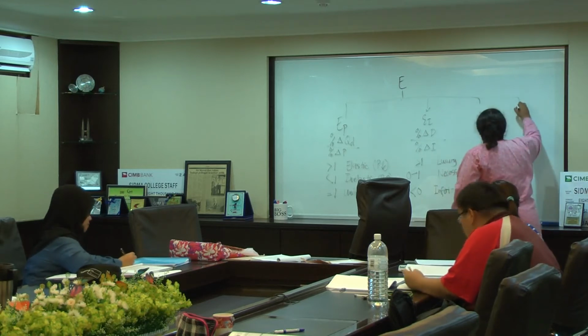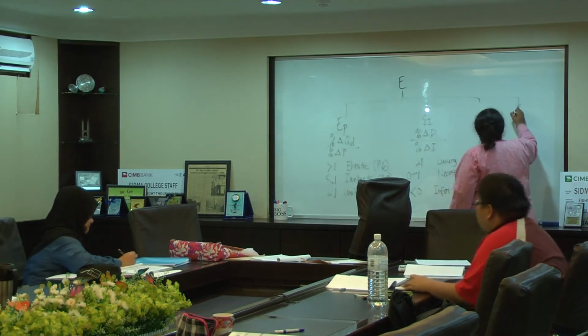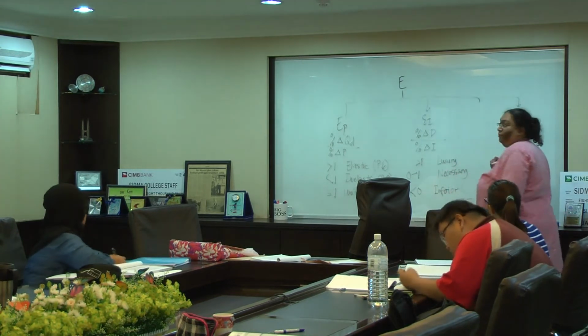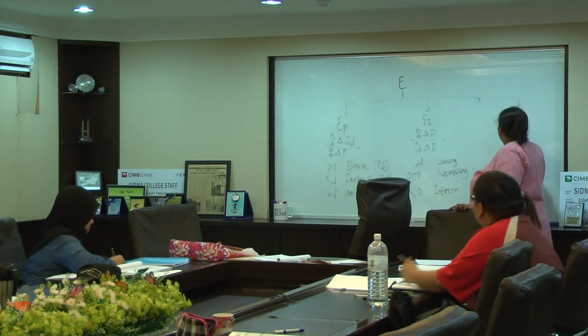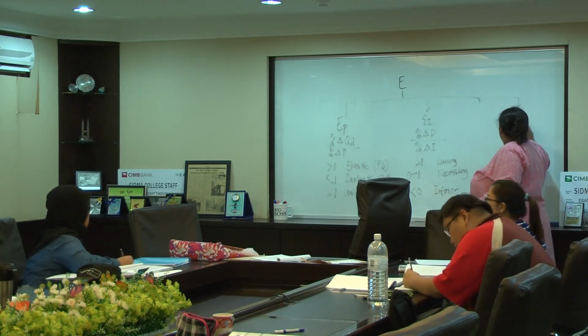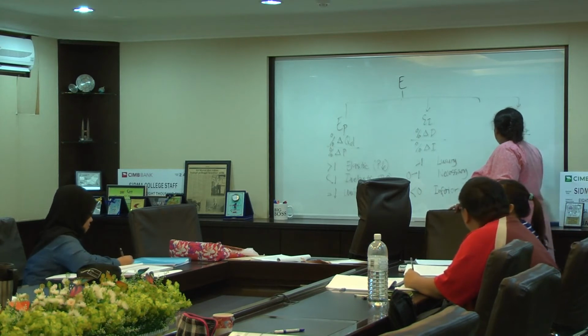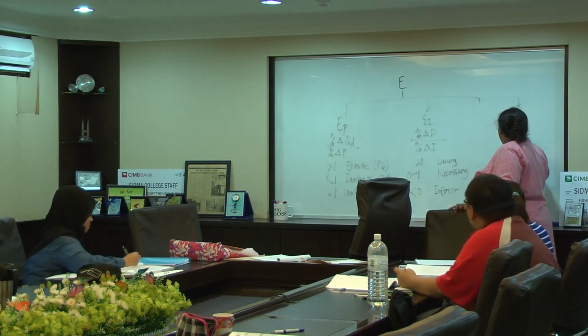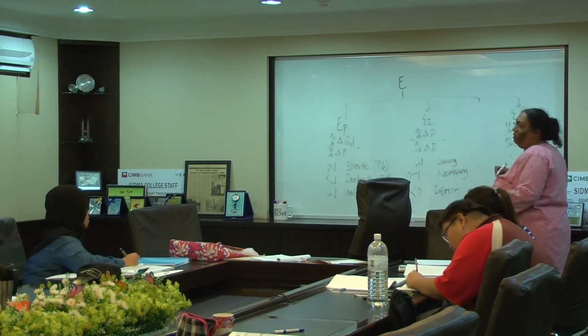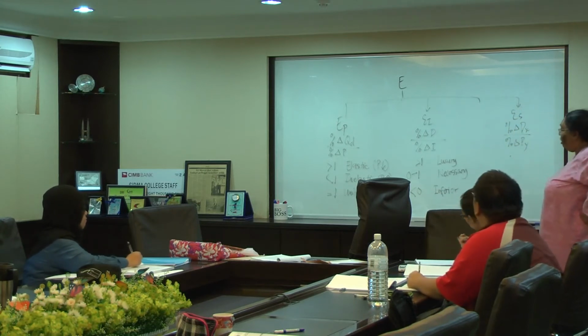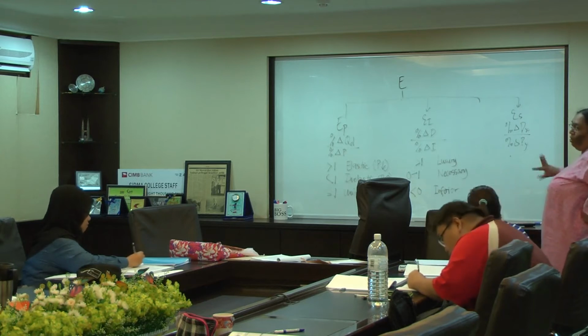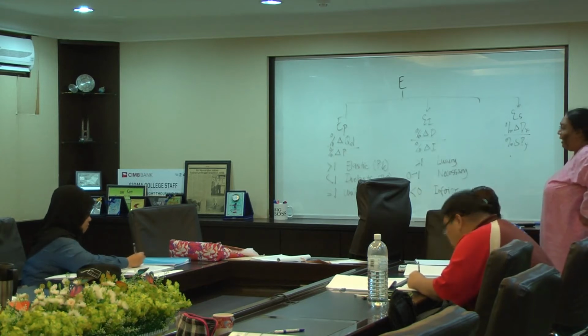The last elasticity is what? Cross elasticity. Okay? Cross elasticity is the percentage change in the demand for X when there is a change in the price of Y. Is it the same good? No, it's not the same good. When it's not the same good, we call it cross, bersilang. Okay?